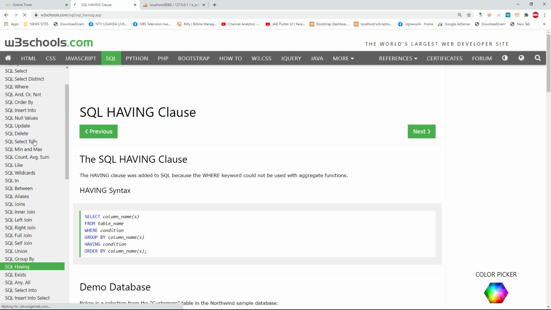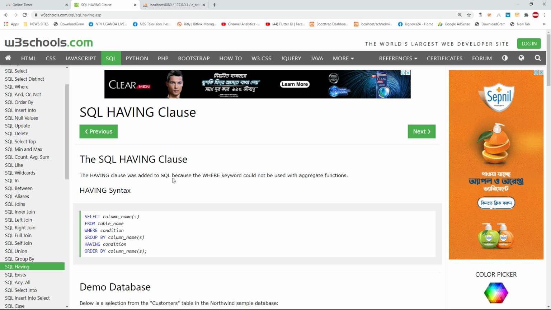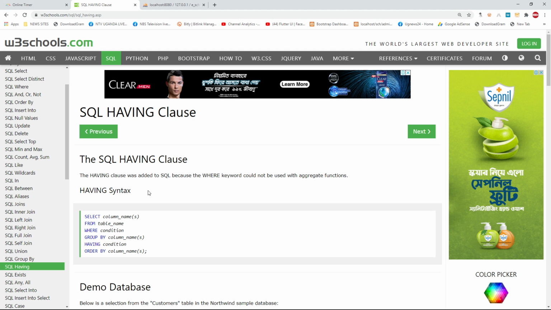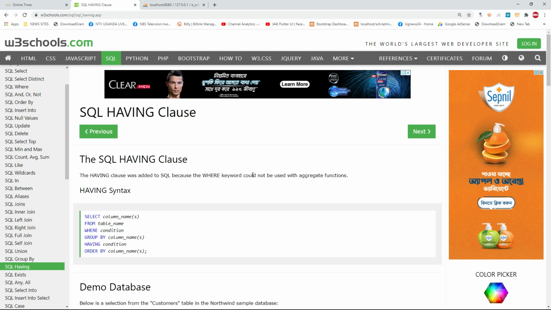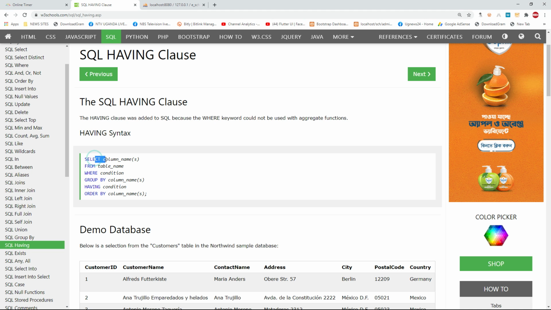So we go to having. We use this having clause in place of the where condition, in the where section, when we are searching for something. The having clause was added to SQL because the where keyword could not be used with aggregate functions. So this is how the syntax goes.